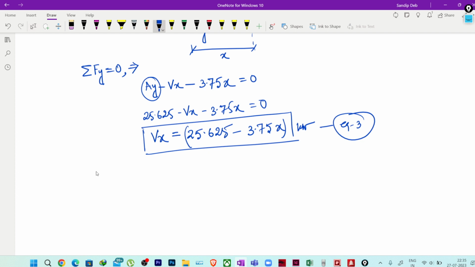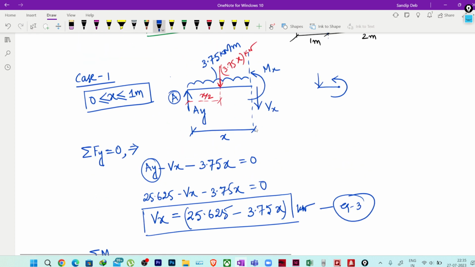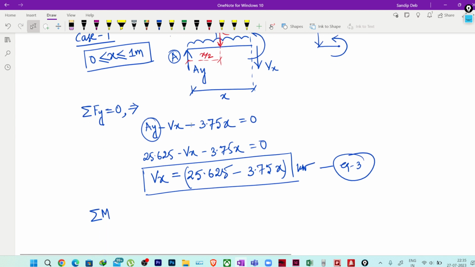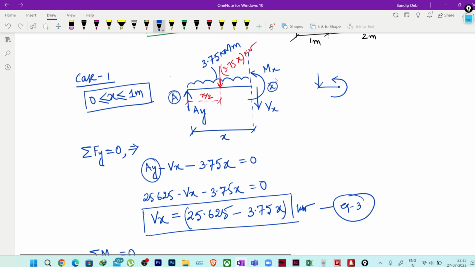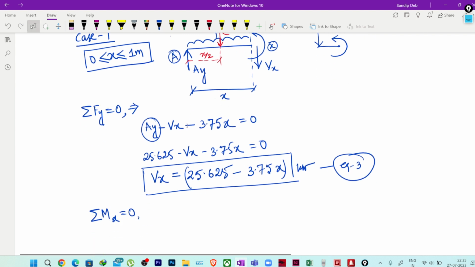Now if I take moment about this x, suppose, I'm naming this point as x. So moment about x, if I write Mx equal to 0, then how much will it be? See, this Mx is anti-clockwise, so it will be negative. So I should write minus Mx.